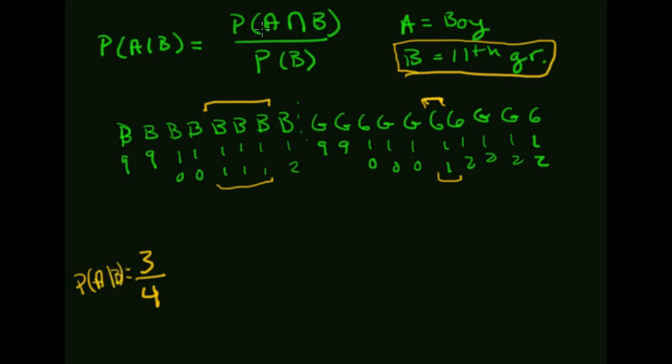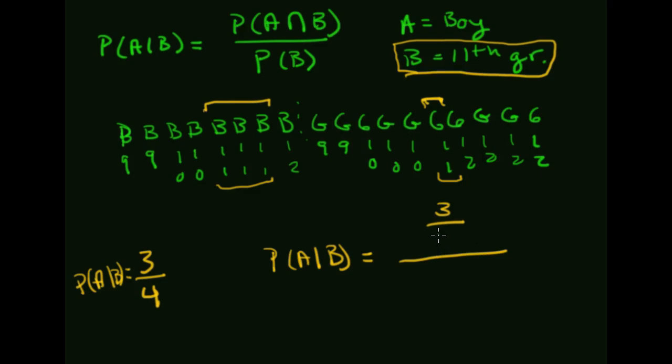How does that line up with my formula? The probability of getting a boy, given that I have an 11th grader, is equal to the probability of getting a boy and an 11th grader. So 11th grade boys, there's 3 of those, out of everybody. Let's see, 8 plus 2, 4, 6, 8, 10, 12.